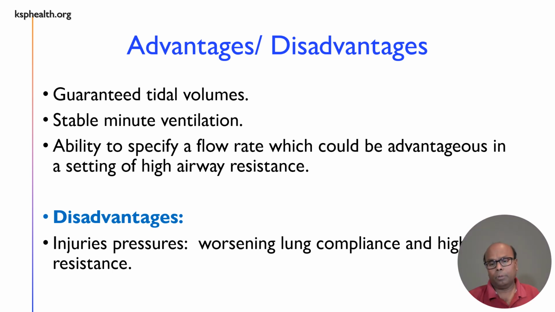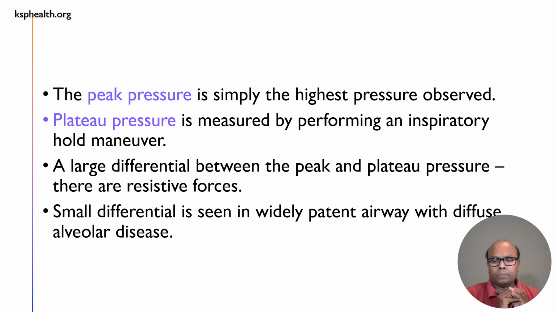The disadvantage is barotrauma. Worsening lung compliance and high resistance can cause barotrauma, which has been implicated in mortality, prolonged hospital stay and prolonged mechanical ventilation. I have to explain two pressures at this juncture.